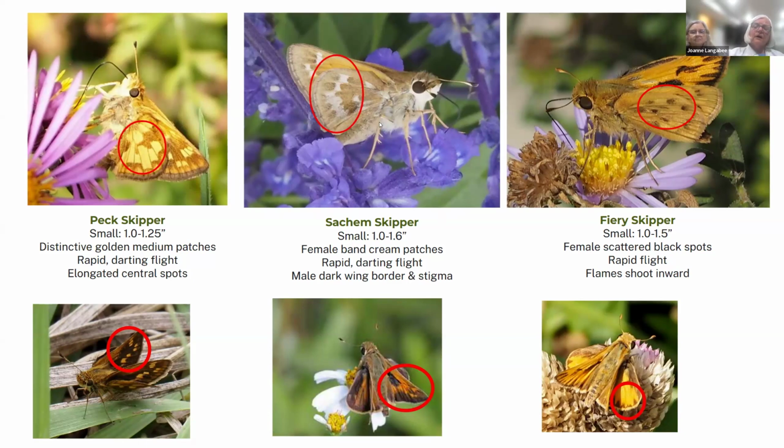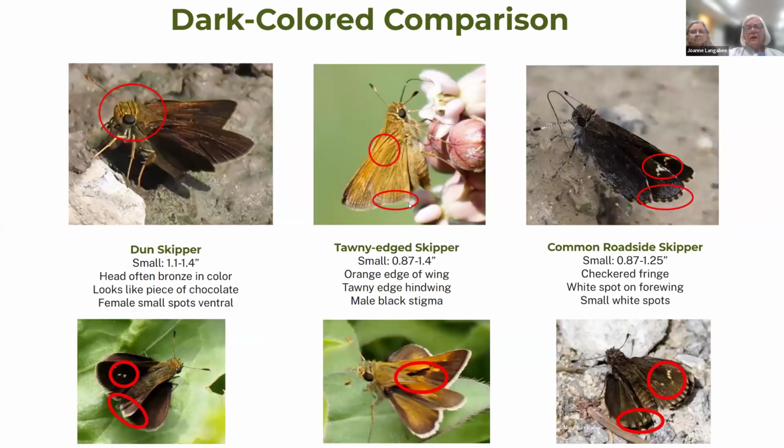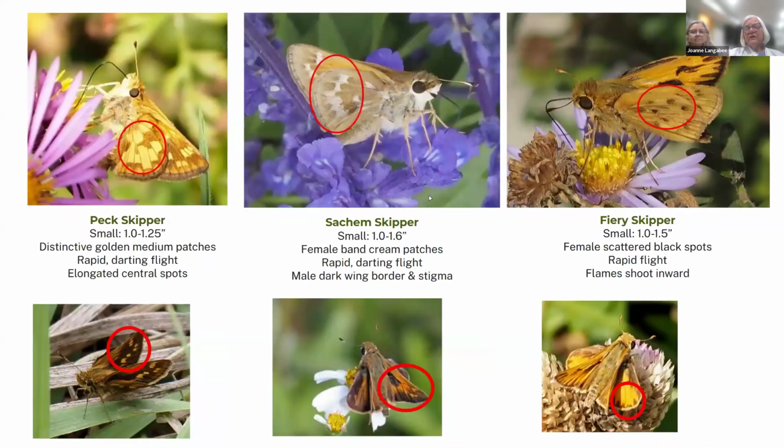It's pretty good size in comparison to the other one. If you go to the tawny edge, you'll see that it goes up to 1.4 inches and this one goes to 1.6. Of these small skippers, the Sachem is probably our biggest one.